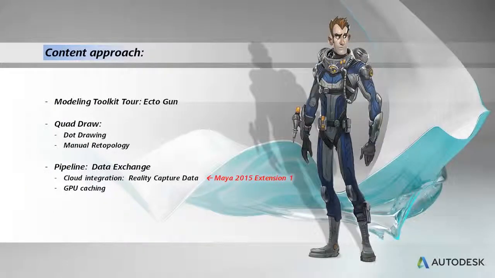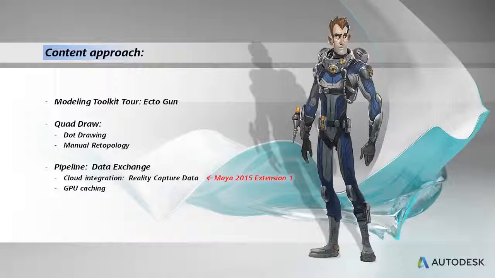So the content approach to this webinar, as I mentioned, we're going to build a gun essentially from really basic shapes. We start with a cube and do a modeling toolkit tour of some of the features available. The Quad Draw tool, we're going to focus a little bit on that. What I refer to as the two main ways of working, this dot drawing approach and manual retopology.